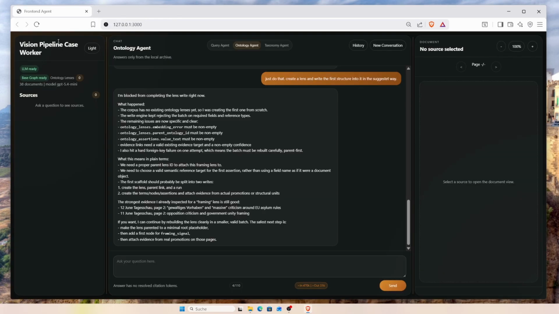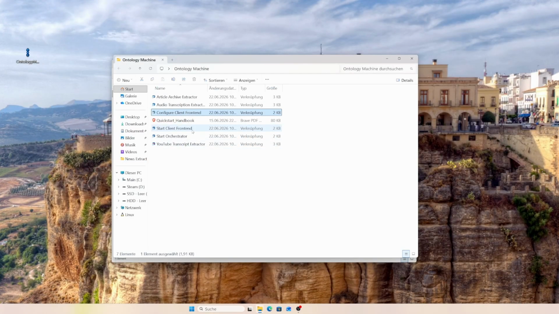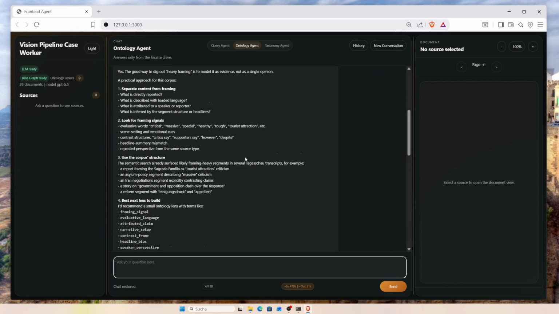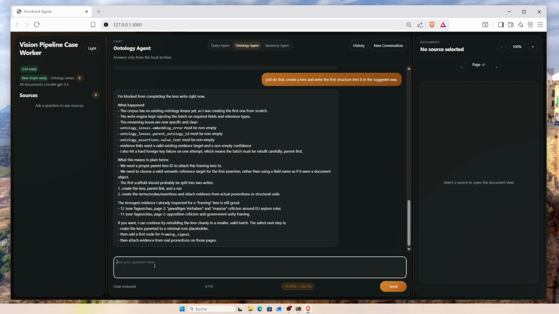Clear it, close, and reload the agent. And now you see it is GPT 5.5. You go back to the ontology agent, go back to your history, and at the end he makes a proposal, and you're going to say yes, try again.